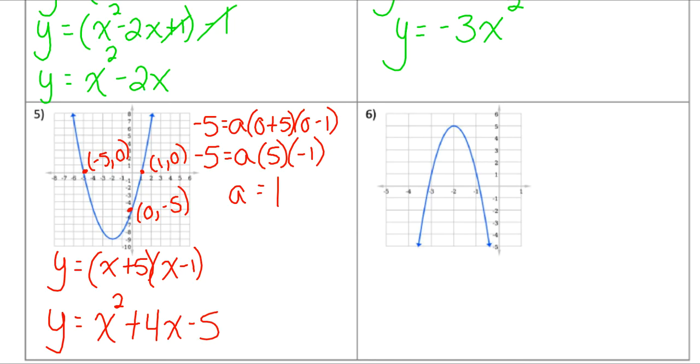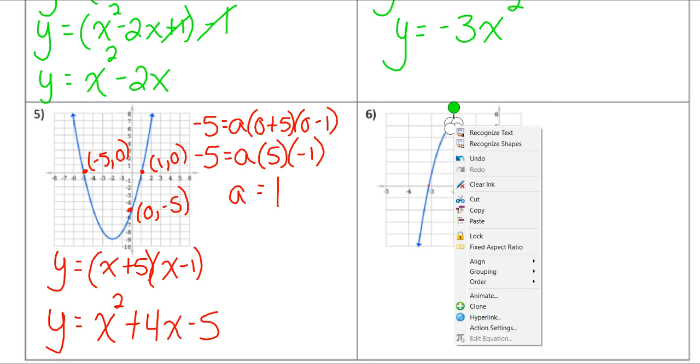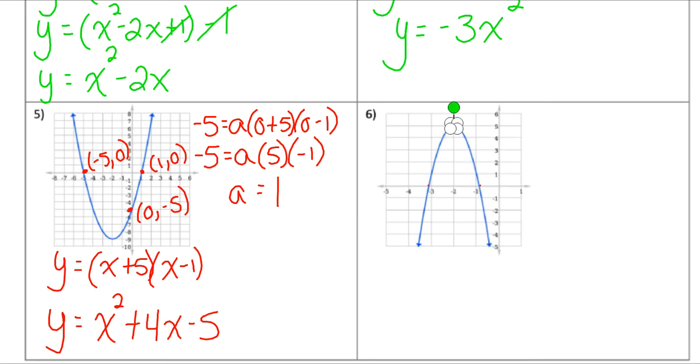Okay, and this last one, my intercepts are not nice points here. So I am going to go with vertex form on this one because I can see that my vertex is at -2 and up at 5. And then I can find another point to help me. I can see right here that this point is at -1, 1.